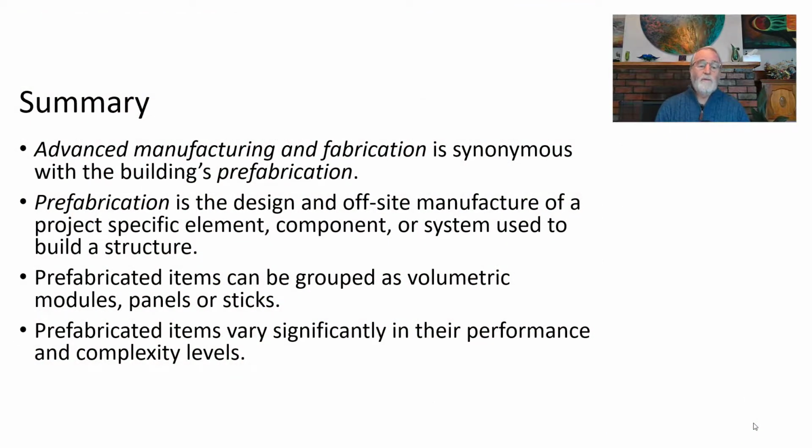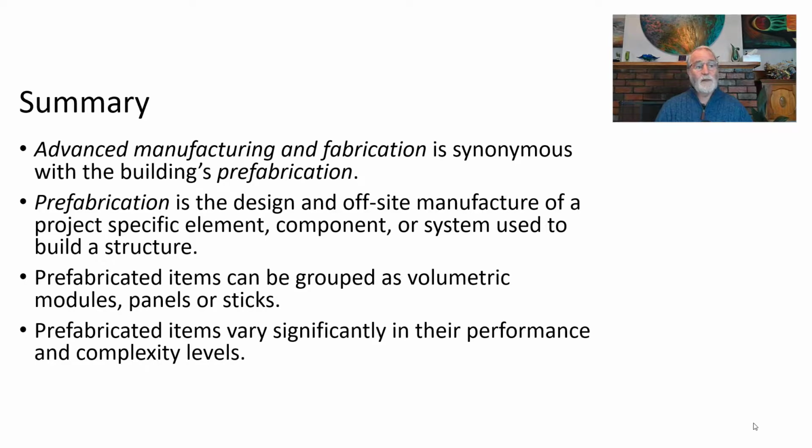So in summary of this talk, advanced manufacturing and fabrication is synonymous with building prefabrication. If we want to make it advanced, it's got to be a bit better than what we can get as an everyday solution at the moment. So prefabrication is the design and off-site manufacture of a project-specific element or a component or a system used to build a structure. It can be the whole of a structure.